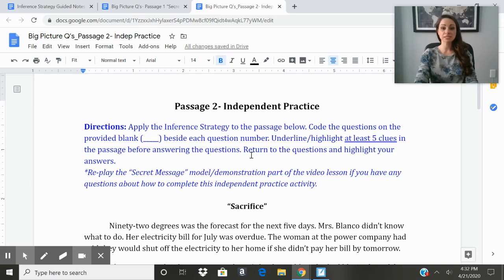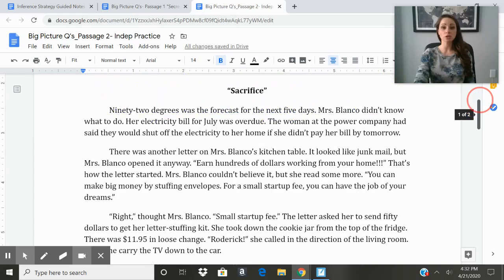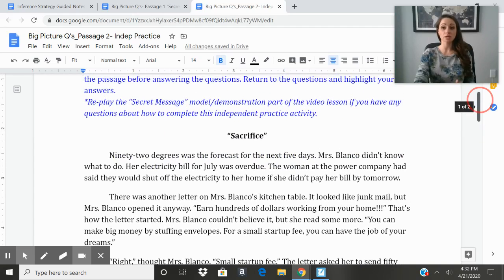And then last step, it says return to the questions and highlight your answers. So however you're notating your answers, highlighting, bolding, underlining, whatever your teacher asked you to do to notate those answers. So if you get stuck or you have any questions as far as how to complete this passage, go ahead and replay the secret message model that I just did, and hopefully that will clarify for you guys.